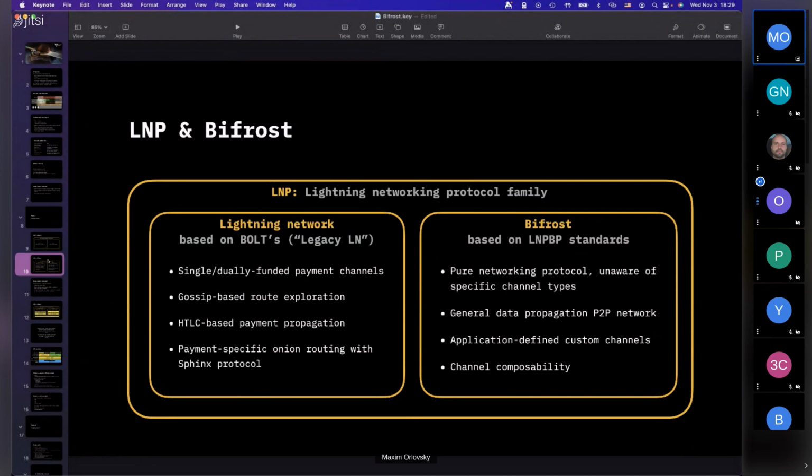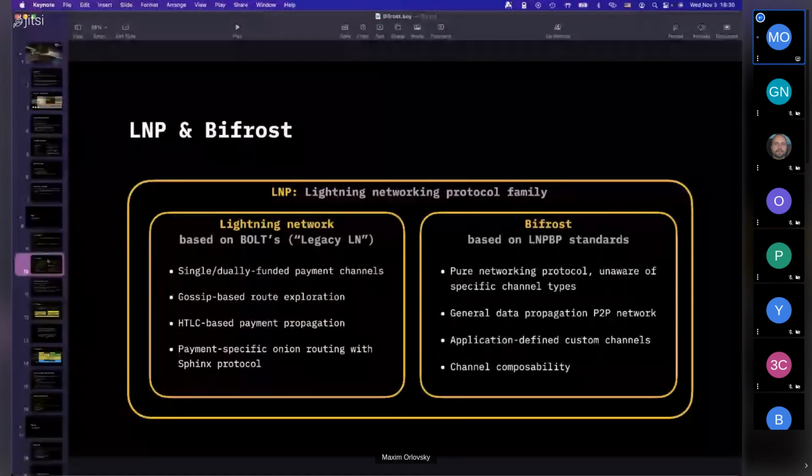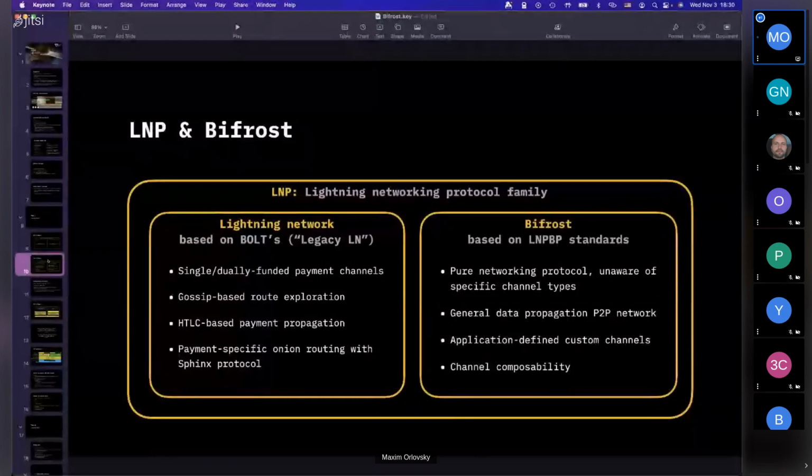I guess any prevout soft fork would be very nice for Bifrost. What about other possible Bitcoin future soft forks? Well, I will say that it's not that any such soft fork will be nice for Bifrost. Bifrost doesn't depend on it, but any such soft fork will be nice for L2, and Bifrost is nice for L2 too, because you can implement L2 on top of Bifrost with much less effort than trying to stick it into the existing legacy Lightning Network, once such a soft fork is out, of course.